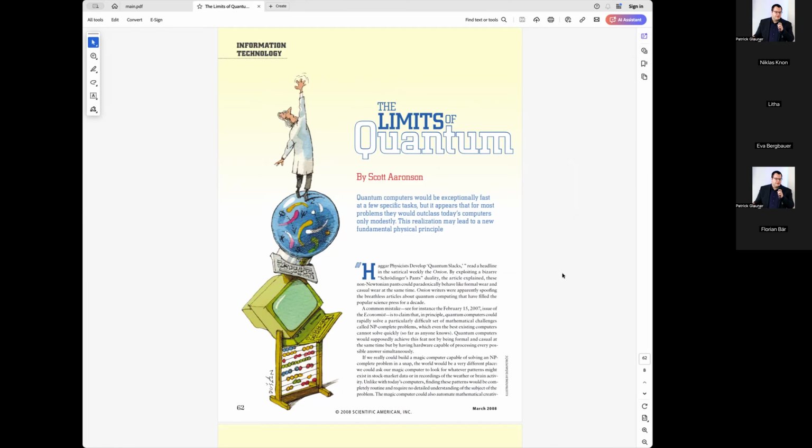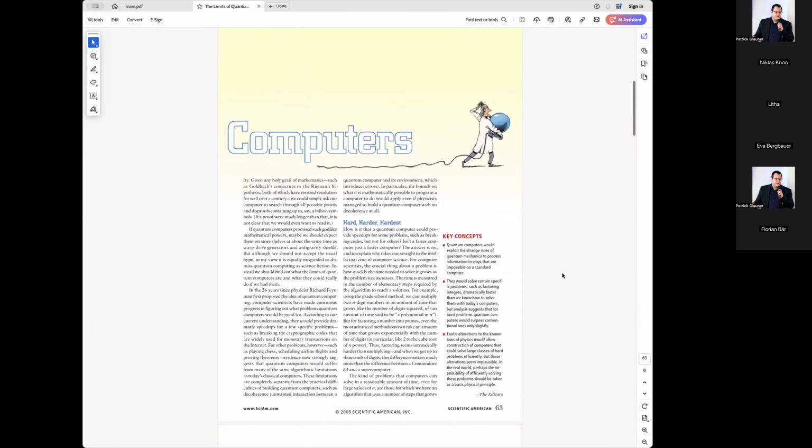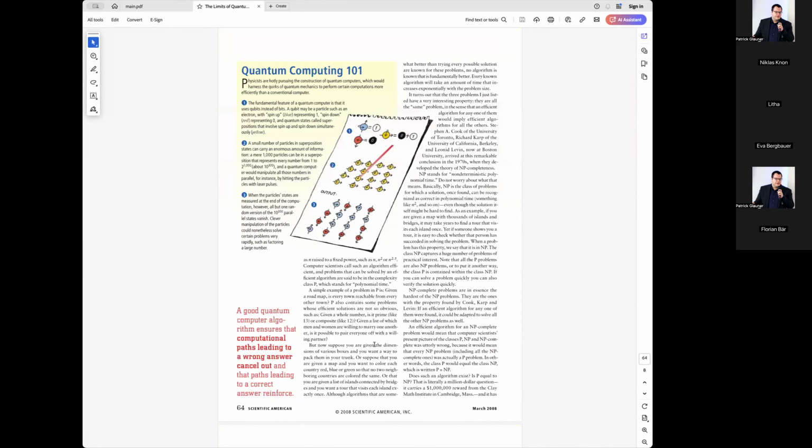I will not read out this essay, but I'll just tell you the key essence of it and why I personally like it. I think it makes the topic of quantum computing available to a larger audience, goes back to some of the history, and then it looks into computational problems.